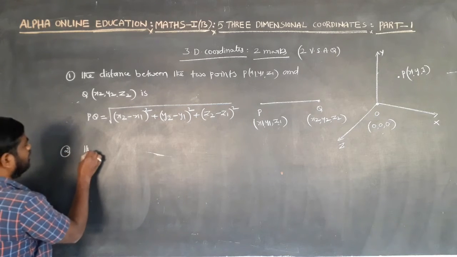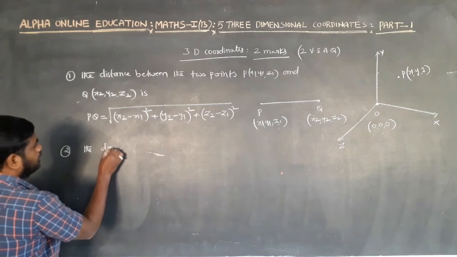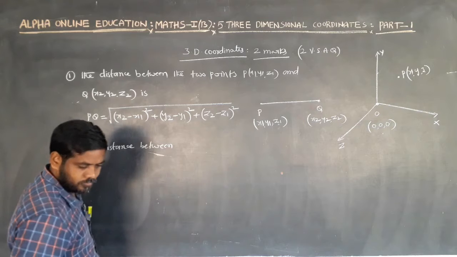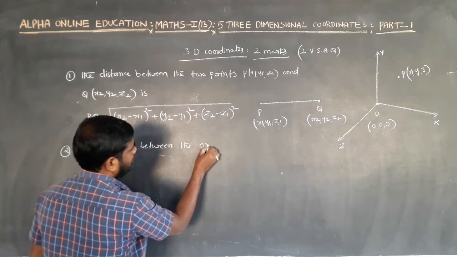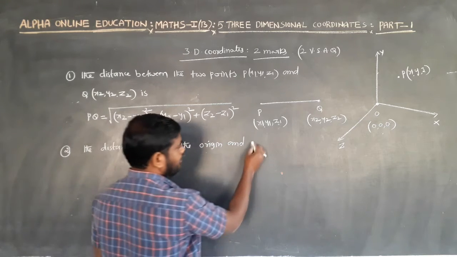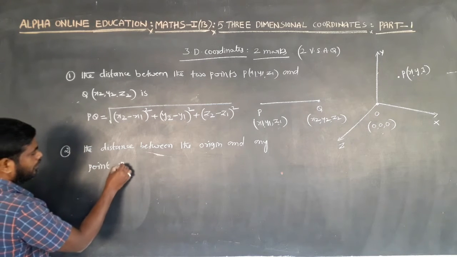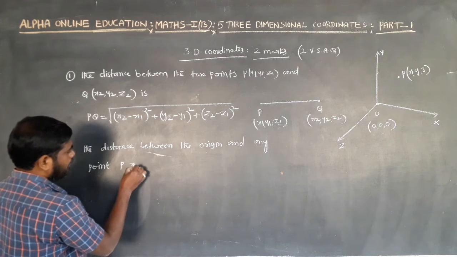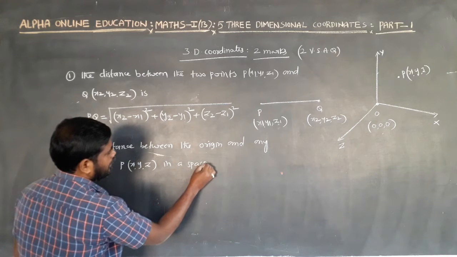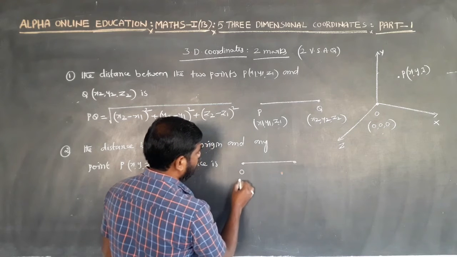Next one, the distance between the origin and any point P(x, y, z) in space.